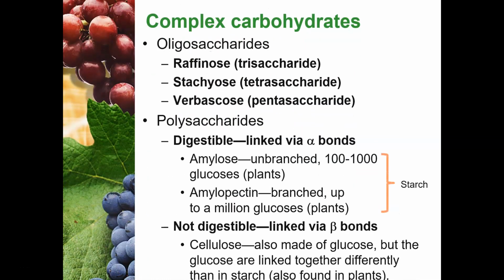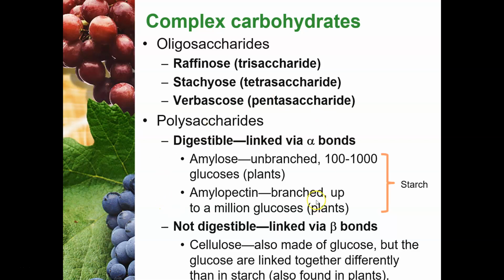What about polysaccharides? The two different kinds of polysaccharides that I want to tell you about today are either digestible or not digestible. The digestible carbohydrate that I want to talk to you about today is, you've probably heard of it, starch. It consists of two molecules that chemists would call amylose and amylopectin.